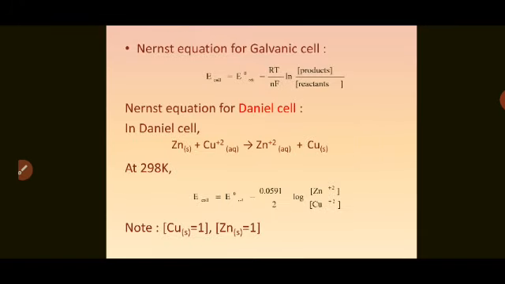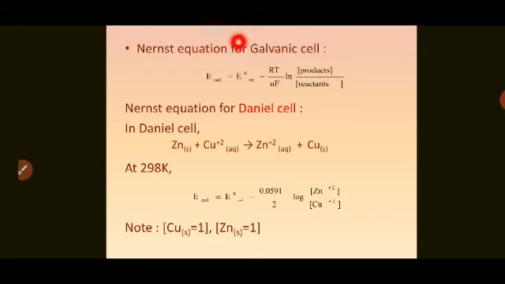Now the Nernst equation for a galvanic cell. We have already learnt about the galvanic cell in the last class. So how can it be given? E cell is equal to E naught cell minus RT/nF, again ln of the concentration of products upon the concentration of reactants.